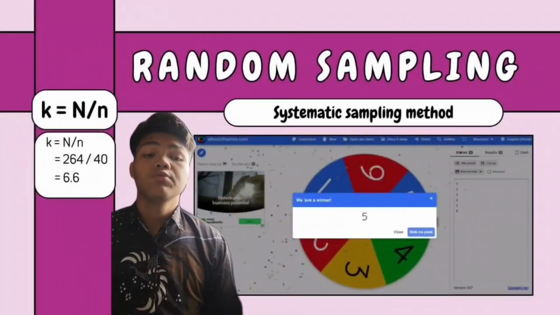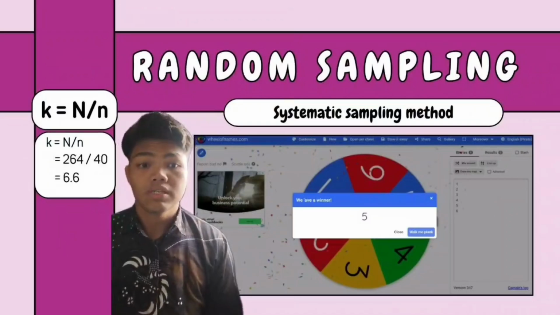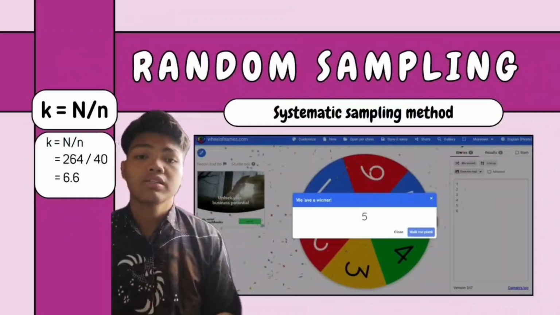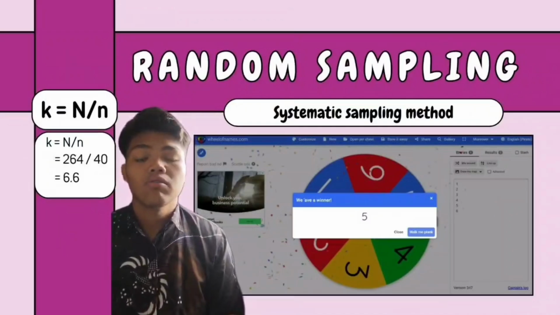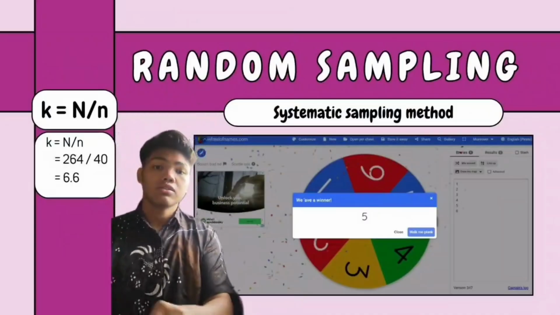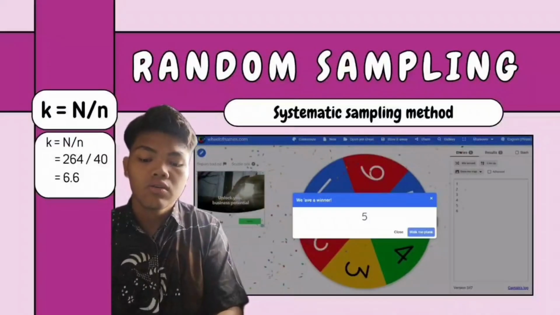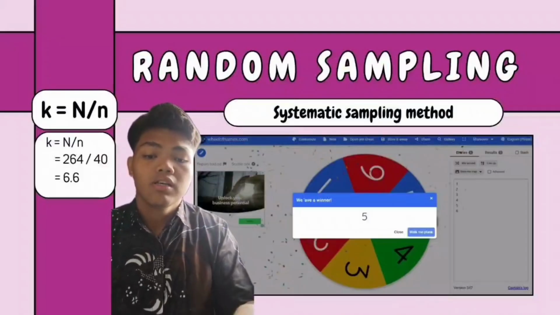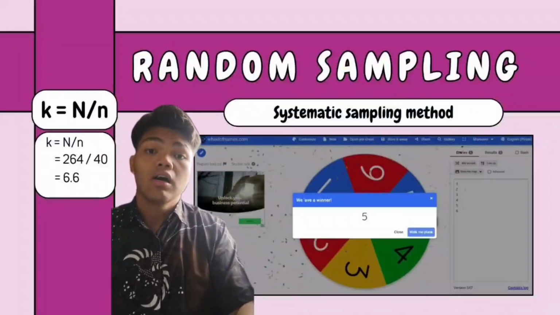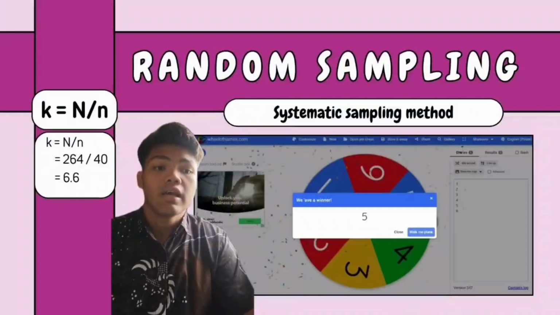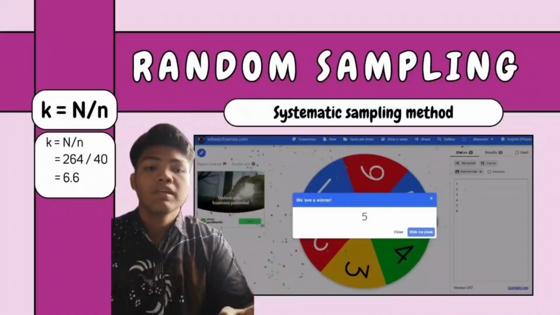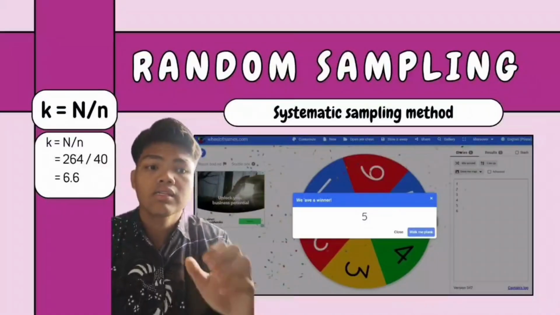So for our study, we use systematic sampling from a population of 264 students to select our sample of 40 students. So we divide the population by the sample size: 264 divided by 40. Then the sampling interval K was calculated as 6.6.